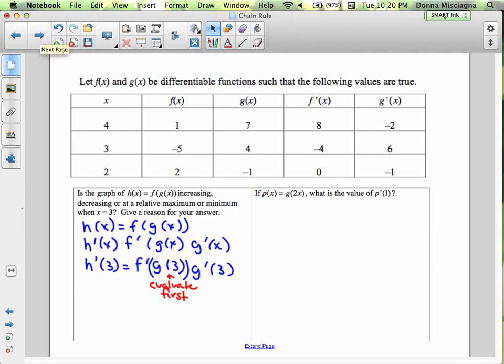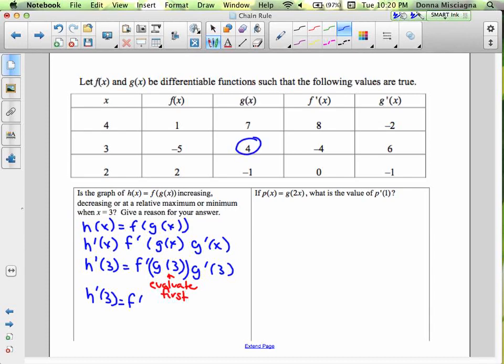So find g of 3, and then you'll know what to do with f prime. So h prime of 3 is f prime of, so g of 3 is right there, it's 4. We may as well replace g prime of 3 while we're at it, and then we'll take care of the f prime of 4. So g prime of 3 is over here, that's 6.